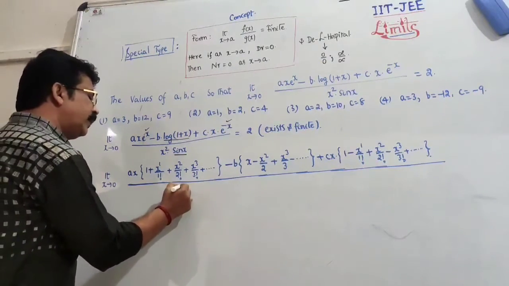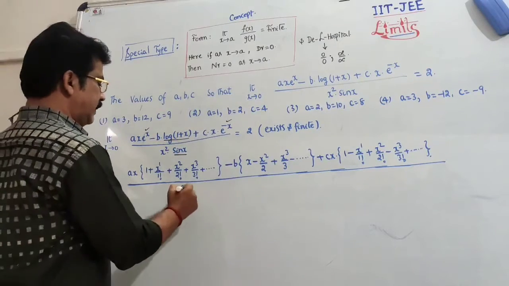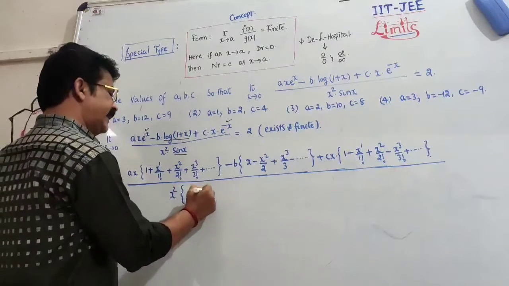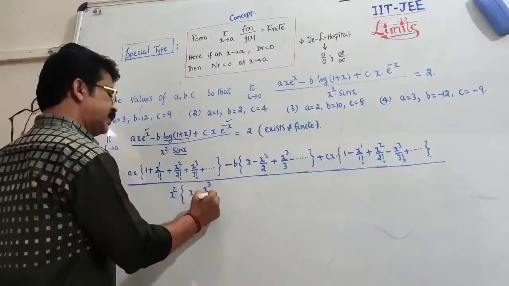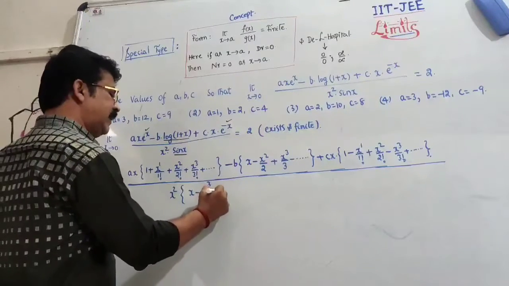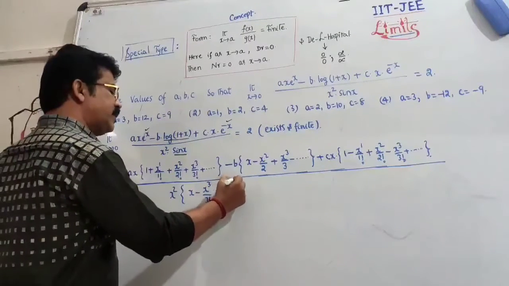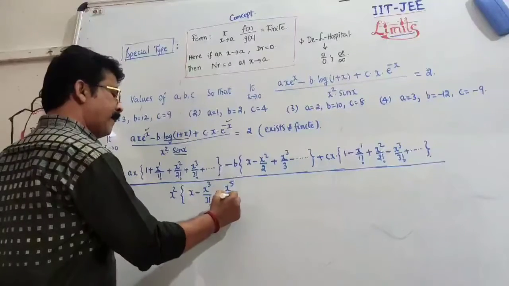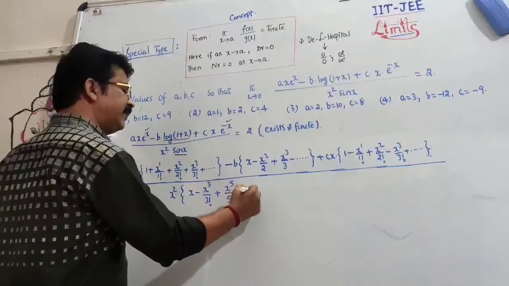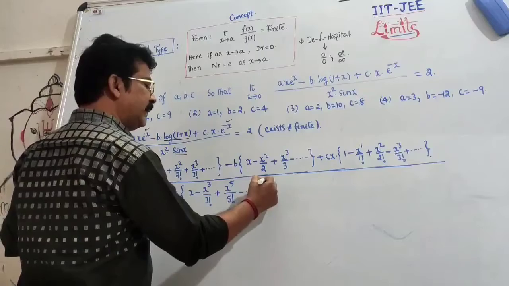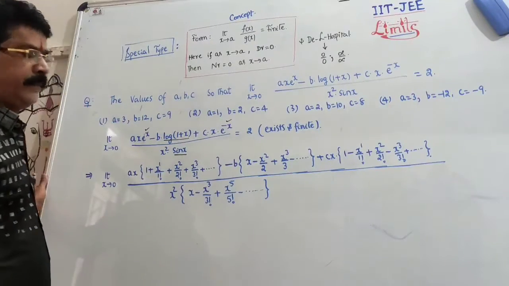The sin x expansion is x minus x cubed by 3 factorial plus x to the power of 5 by 5 factorial minus and so on, like that.